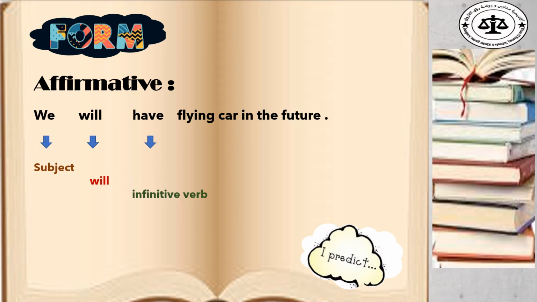So will has to be followed by an infinitive verb. Then we complete the sentence, flying cars in the future. This is the object. So the form of the sentence is subject, will, plus infinitive verb, then the object.